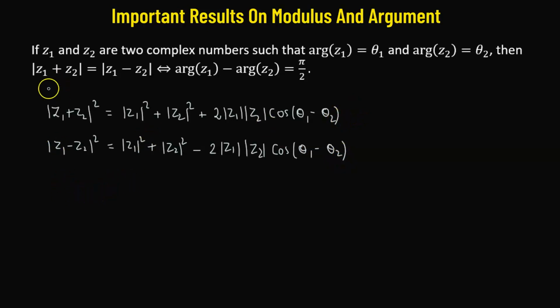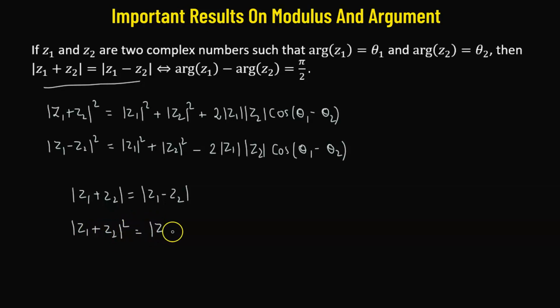Now we will start with this particular expression. Here we are given that absolute value of z1 plus z2 is equal to absolute value of z1 minus z2. Now we can square both sides. So we have absolute value of z1 plus z2 whole squared equal to absolute value of z1 minus z2 squared.